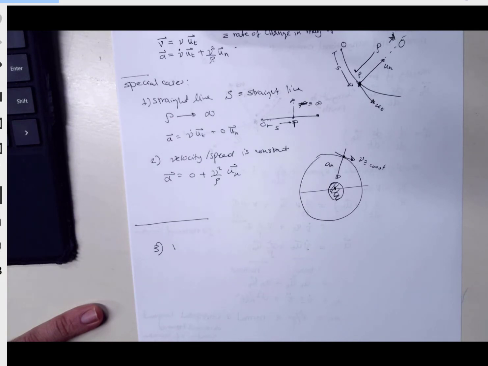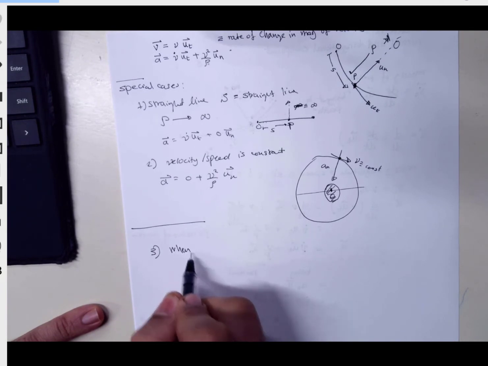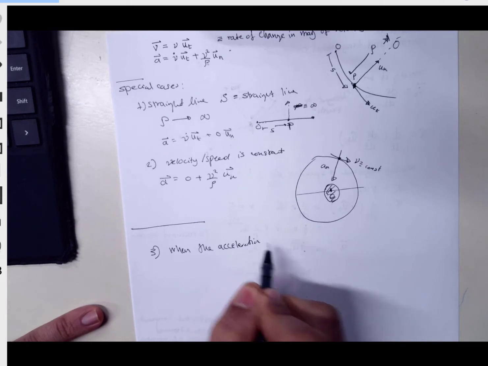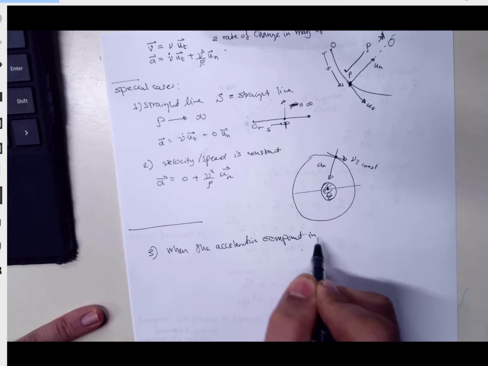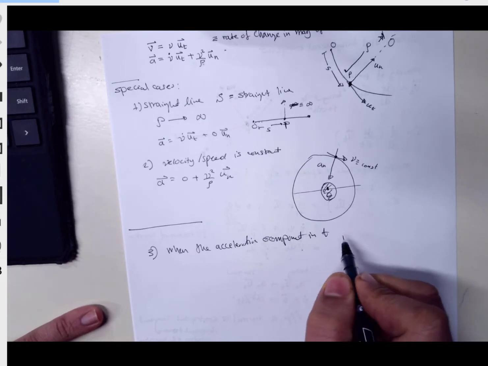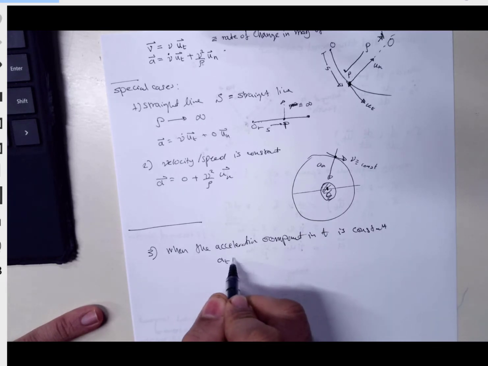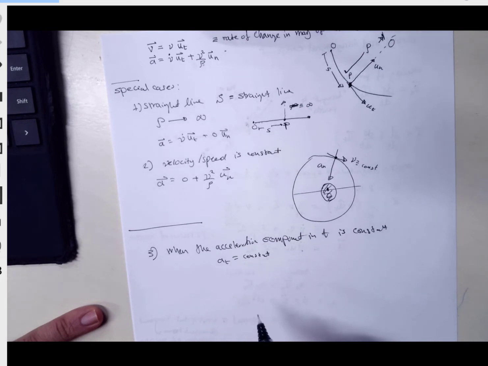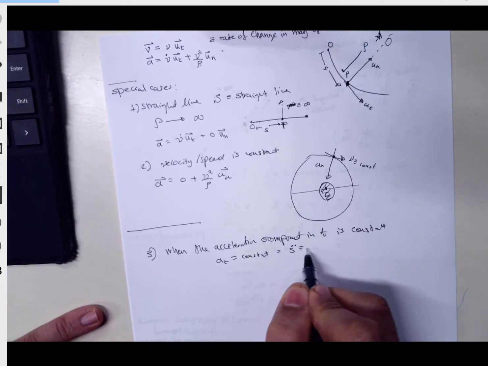Now, when the acceleration component in t is constant, which means a_t is a constant, what's going to happen? This means that s double dot is constant.